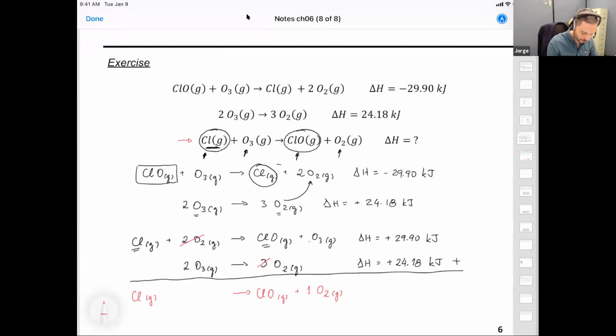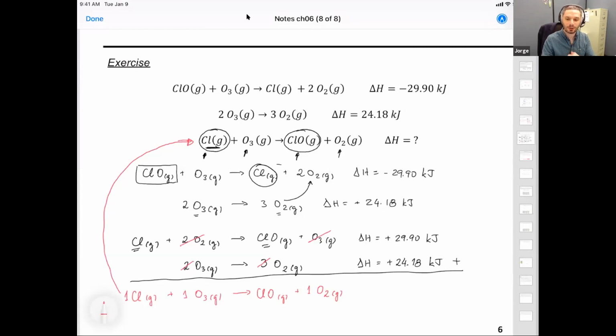So therefore, the net amount of ozone is 1 molecule on the left side. See here that after adding up these 2 equations, we have exactly the equation that we were looking for.